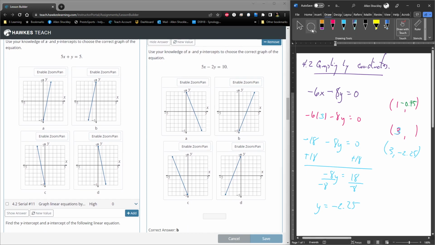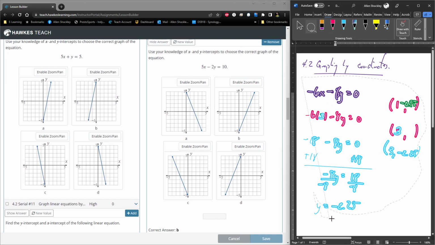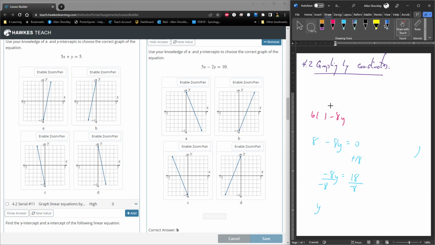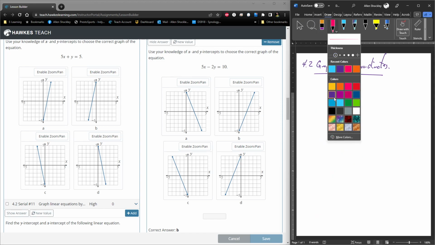Speaking of graphs, we do need to talk about intercepts. So let's talk about intercepts. There are special points that we do need to make mention of.